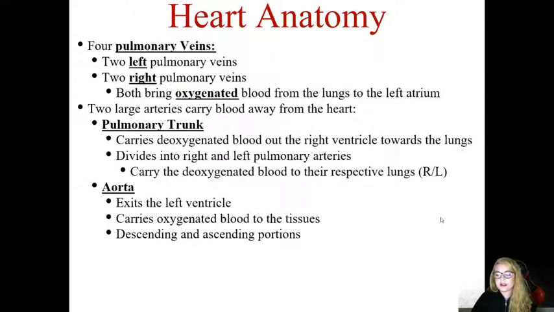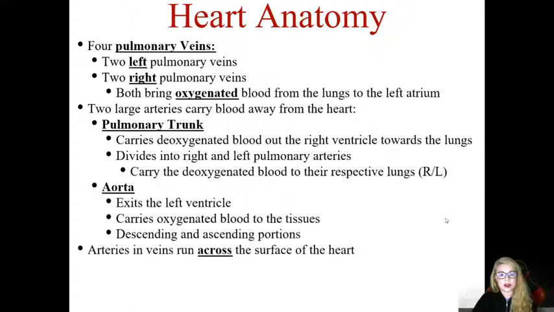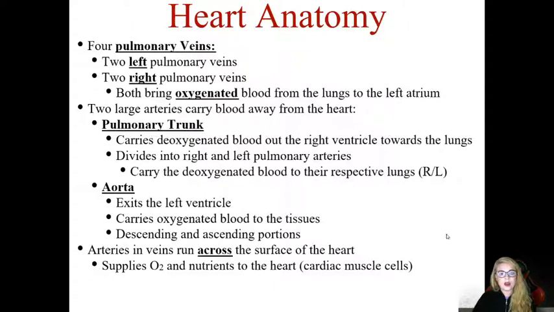Additionally, there are arteries and veins that run across the surface of the heart, and you will see that in the future, but these are smaller arteries and veins that run across the surface, and these supply the oxygen and nutrients to the heart, because again, the heart itself is a muscle, right? And we know that if it's a muscle and it's a tissue and it has cells, it's going to need oxygen and nutrients just like any other tissue or cell in the body does.